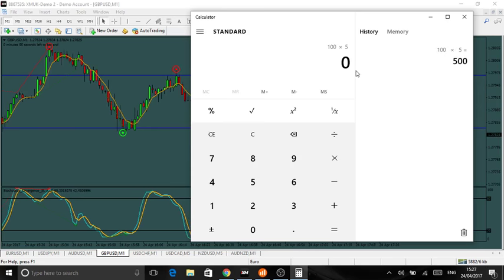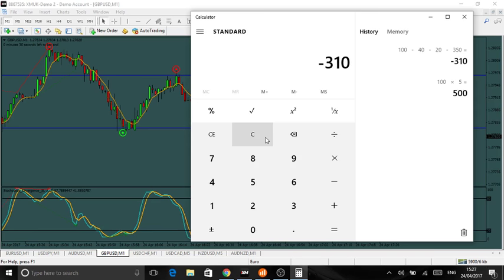No. For example, maybe let's close this, cancel that off. Maybe on Monday you make 100, right? And then maybe on Tuesday you lose 40, right? Maybe on Wednesday you lose 20. Maybe on Thursday you have a really good day and you make 350, which is very possible, guys.